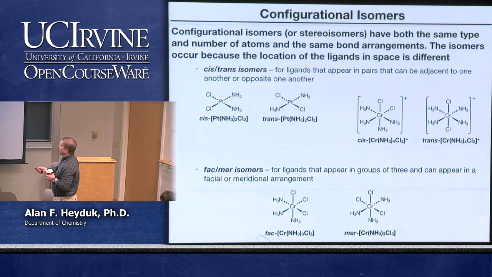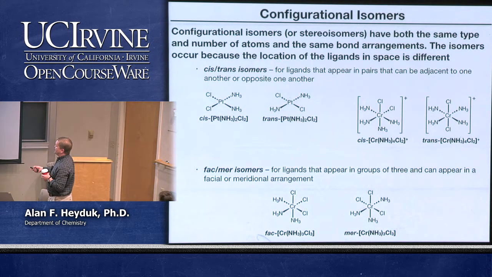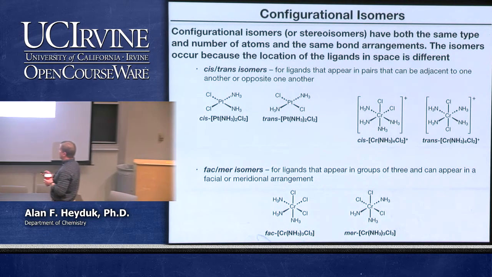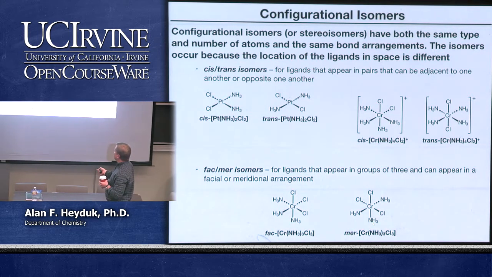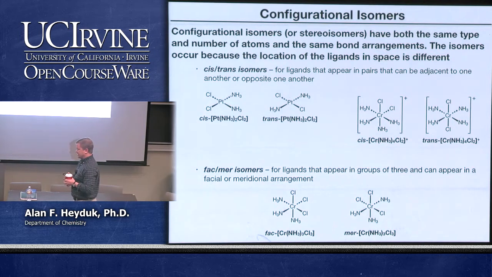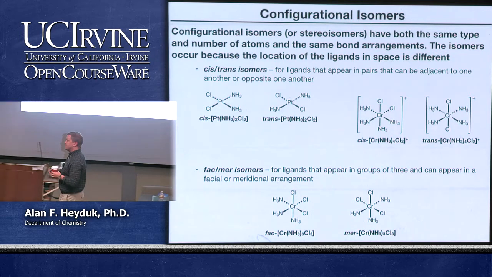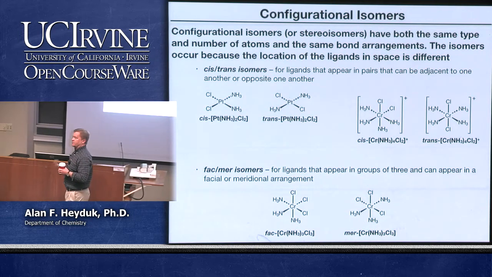And so the FAC isomer, you'll have three ligands that basically define a trigonal face of the octahedron. For the MER isomer, you'll have three ligands that form a meridional belt around the coordination complex. So again, two isomers of the same chromium compound, depending on whether the ligands are arranged in a facial or meridional way. Typically, you cannot convert between these two.